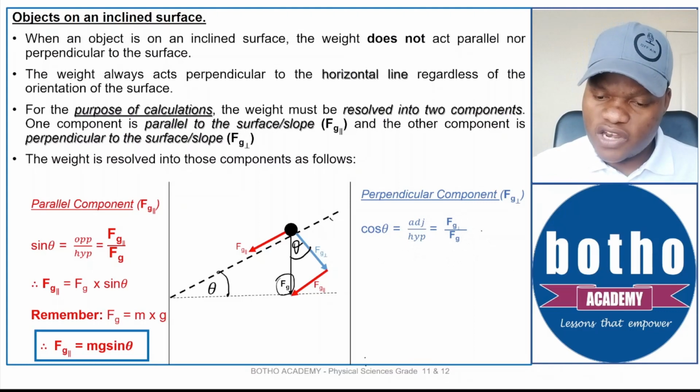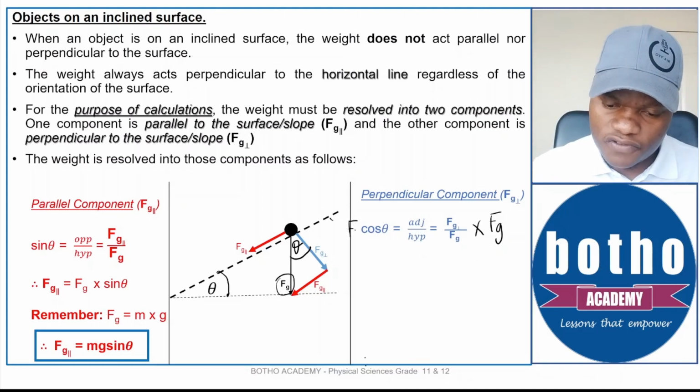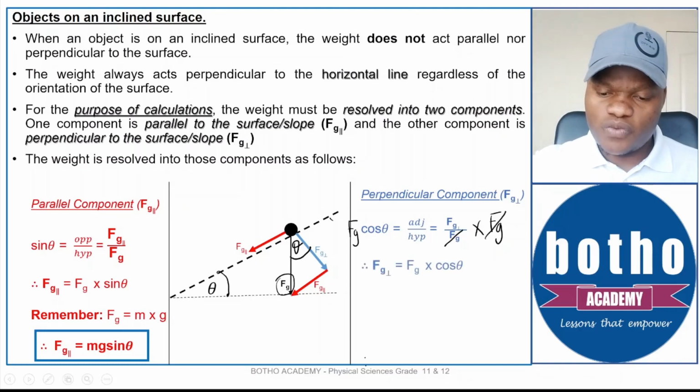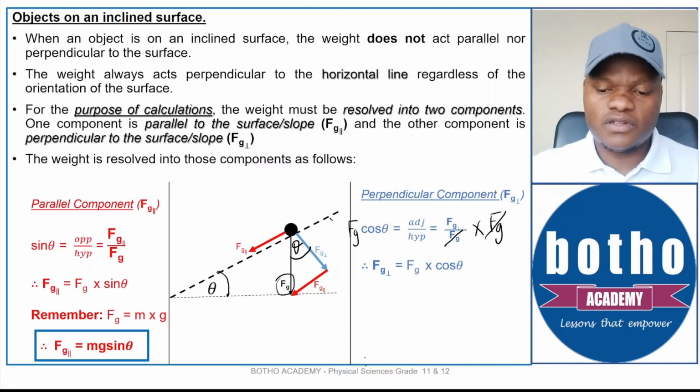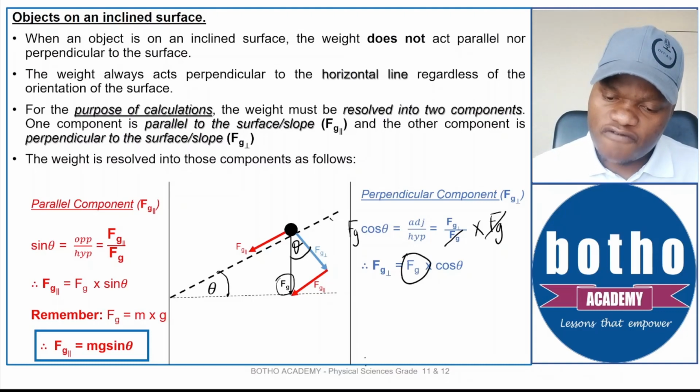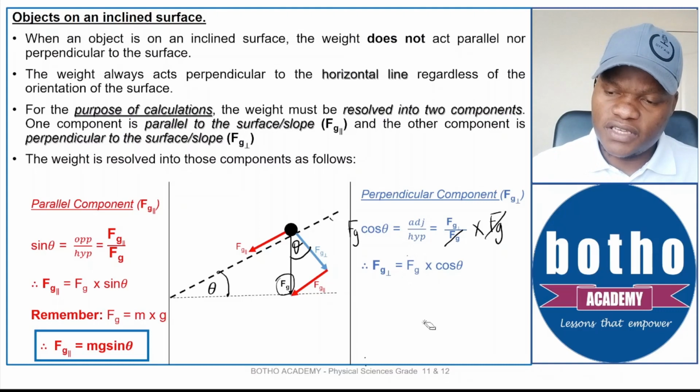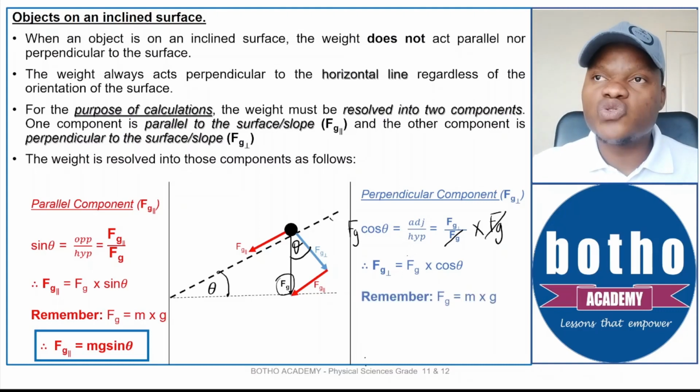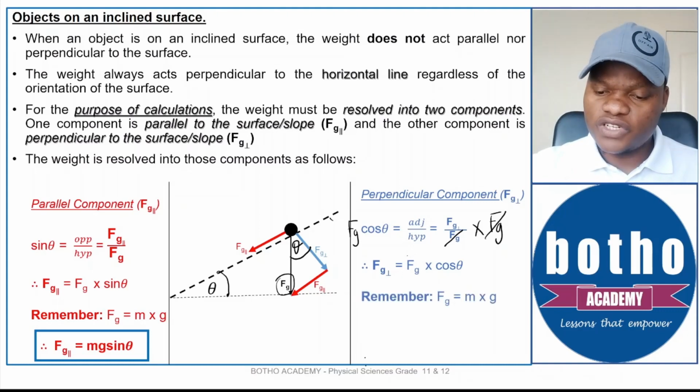Of course, once again, if you multiply both sides by FG, this FG will cancel that FG, and what we are going to be left with is that FG perpendicular is equal to FG multiplied by cos theta. Again, remember, FG must be broken down into its formula, which is FG equals mg.